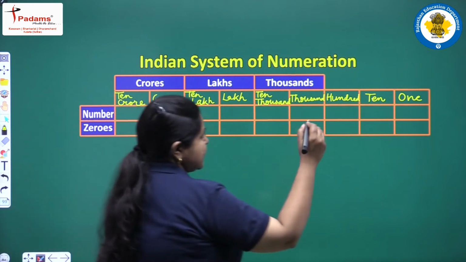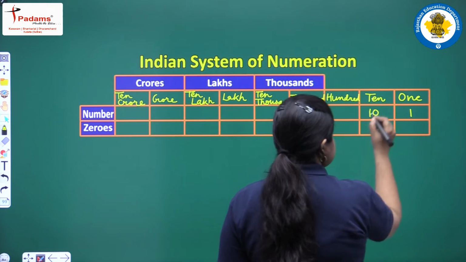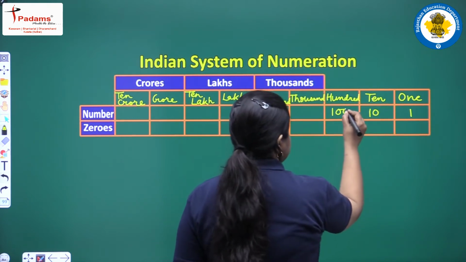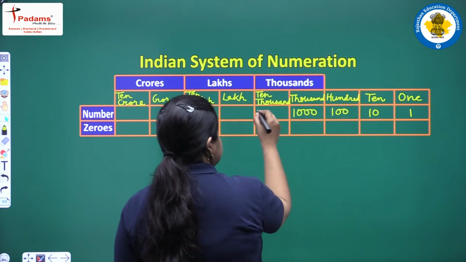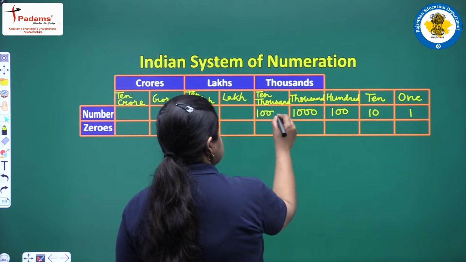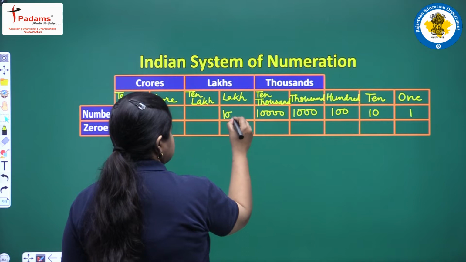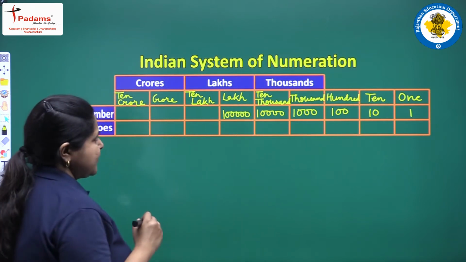Let us write down their numbers also. 1 is 1, 10 means a single zero. 100 has 2 zeros, then we have 1000, then 10,000, then a lakh. Remember it has 5 zeros.